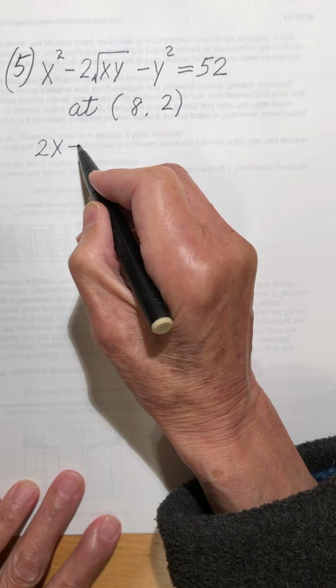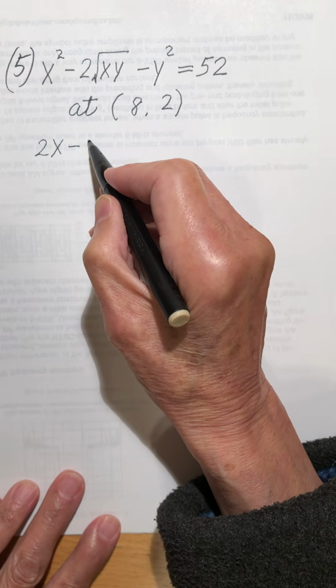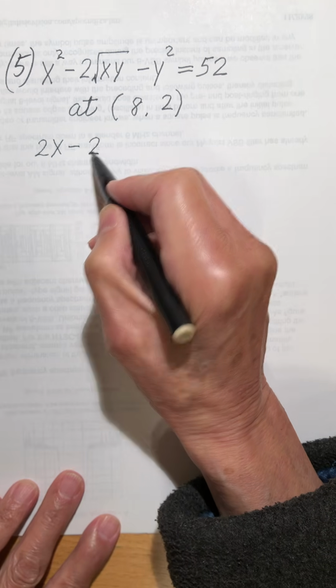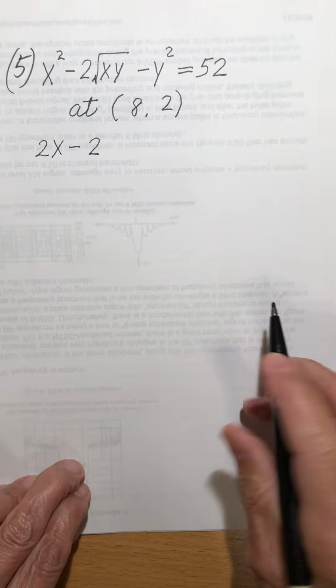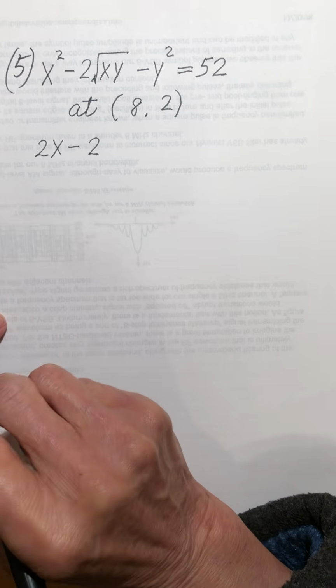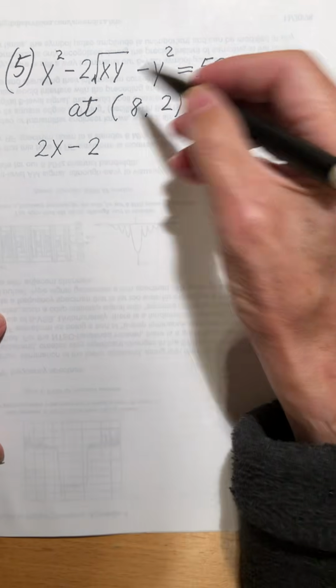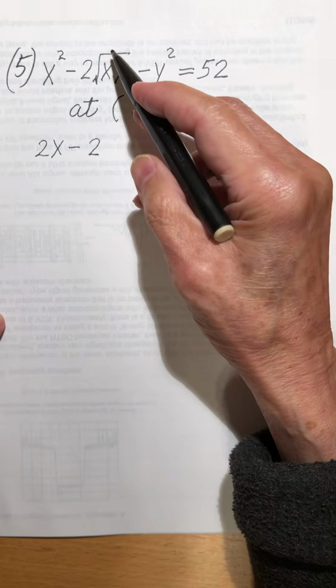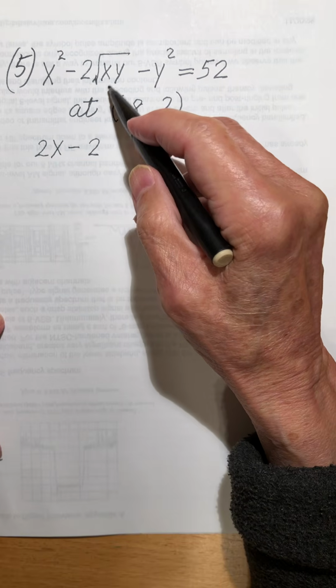Minus 2 is a constant multiple. How do we do that? You have 2 ways of doing it. The first thing is you break this into 2 parts: square root x times square root y.